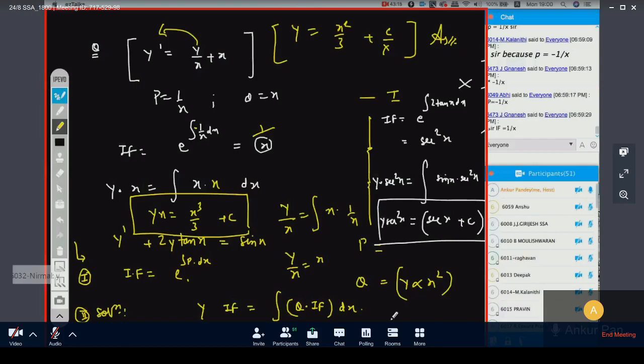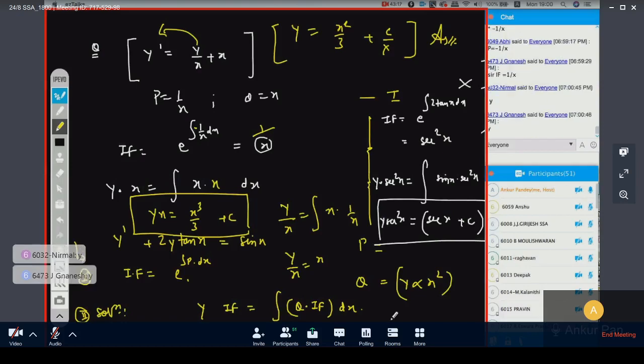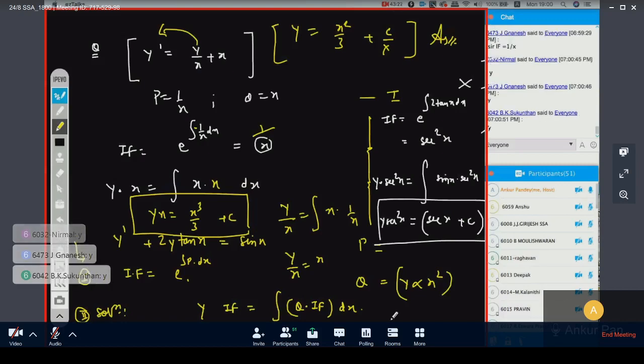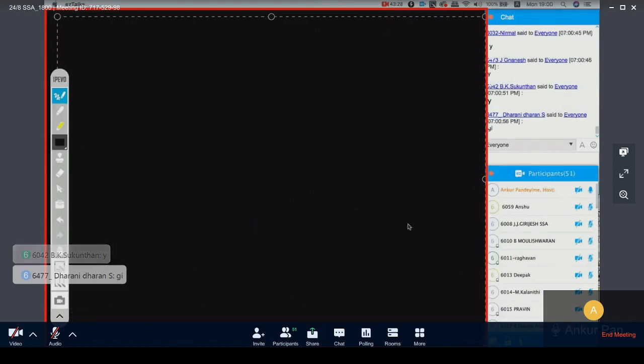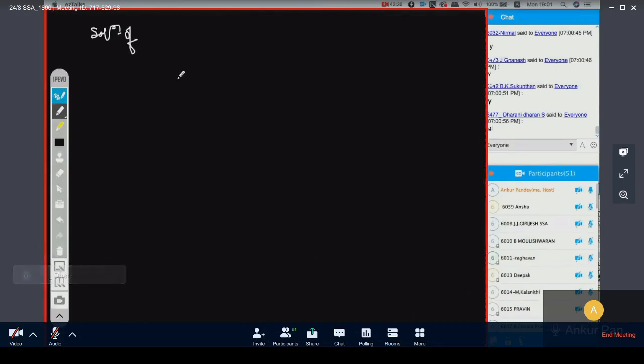One question completely on you. Now this is slightly different. What will be the solution of x y dash plus y equal to x to the power minus 2 at 1 comma 2?